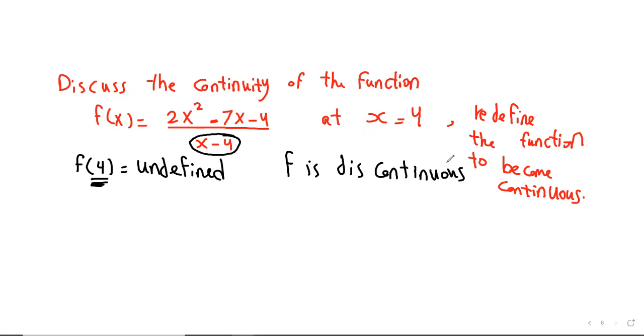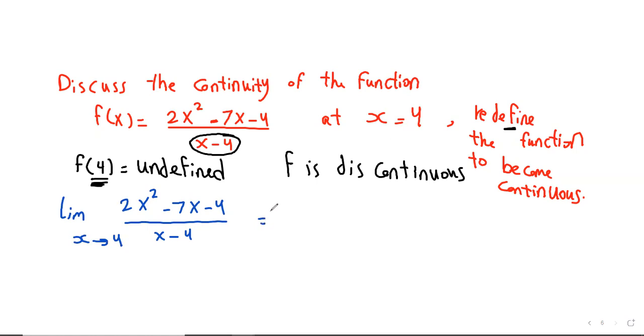And I want to redefine the function to become continuous. How can we do that? You will find the limit of the function if x tends to 4. So it's 2x squared minus 7x minus 4 over x minus 4, x tends to 4, not equal to 4.